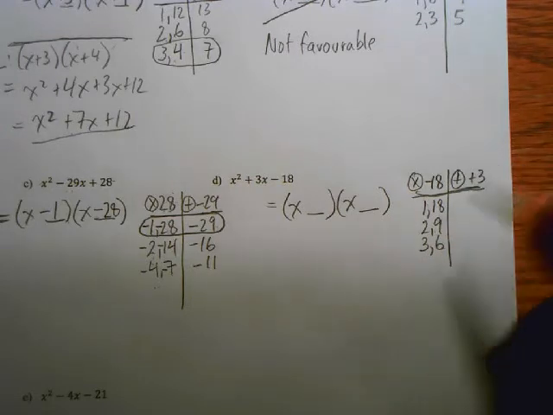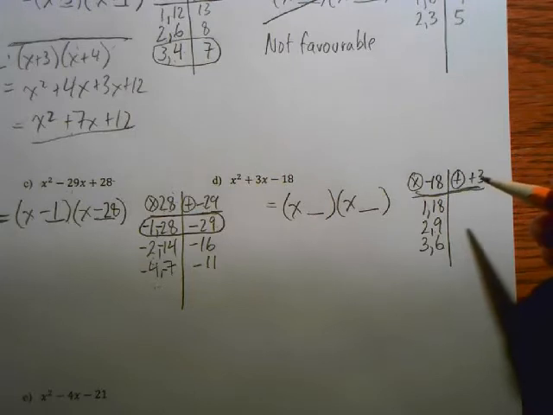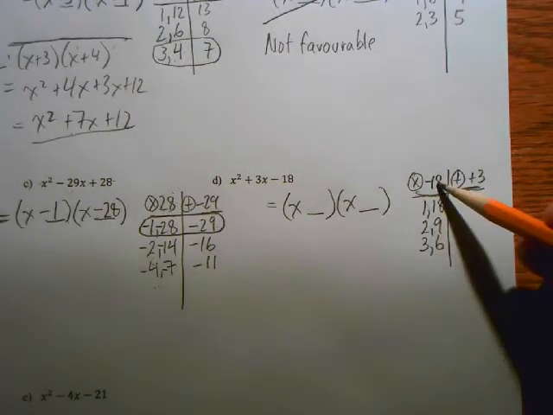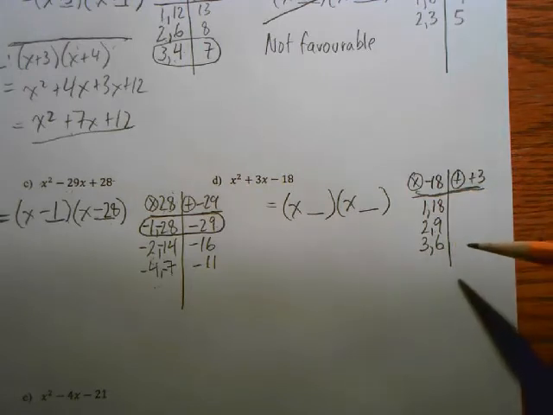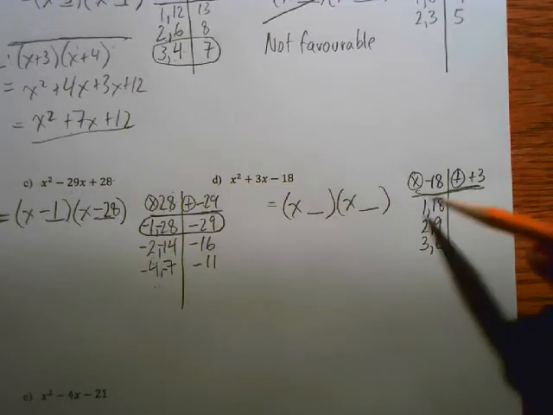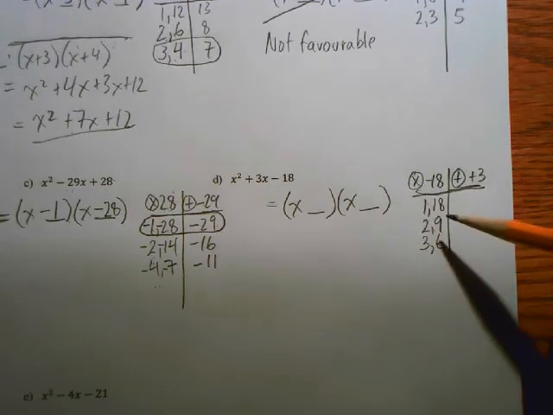Now, I didn't talk about the sign yet, so let's think about this. Okay, so the two numbers multiply to something negative. So the only way that can happen is if one number is positive and one number is negative. Okay, now some people would just stop with that and do all the combinations.